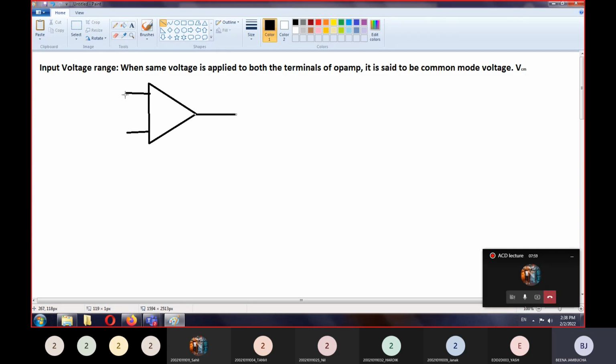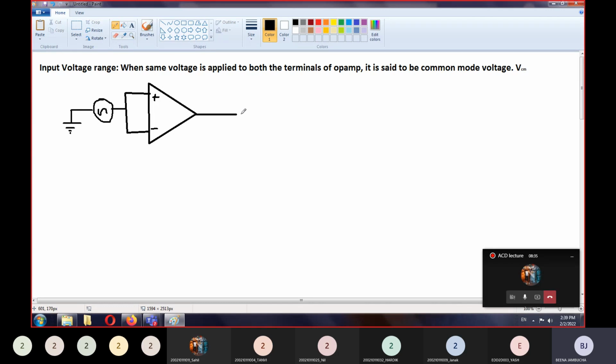Let's say one is non-inverting and the other is inverting, and if both terminals are shorted and we provide some voltage here, this voltage is known as common mode voltage. The maximum value of the common mode voltage which can be provided at the input terminals is known as input voltage range.